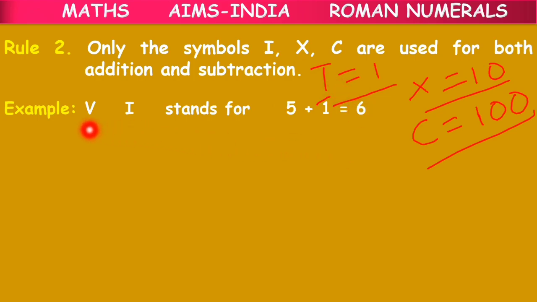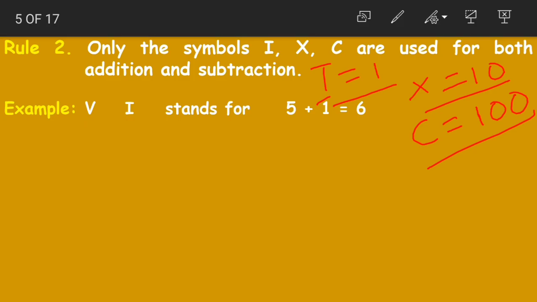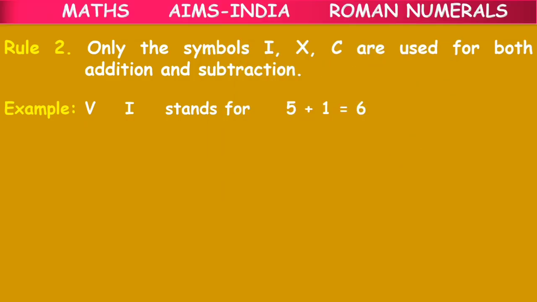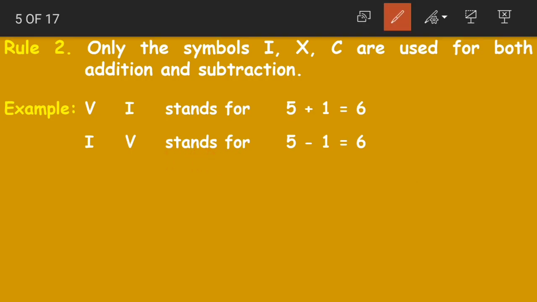For example, VI. Again, as we discussed, what does VI stand for? V means 5, I means 1. So VI stands for 5 plus 1 is equal to 6. Clear children? Then IV stands for, now look at the difference here. We are having VI and here we are having IV. The order is changed. I here came first.